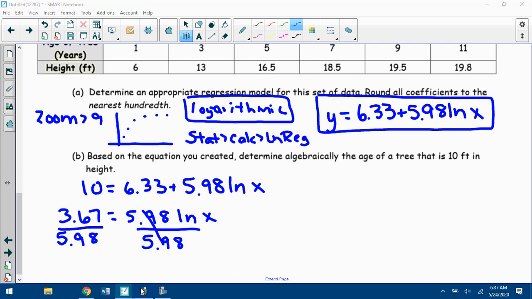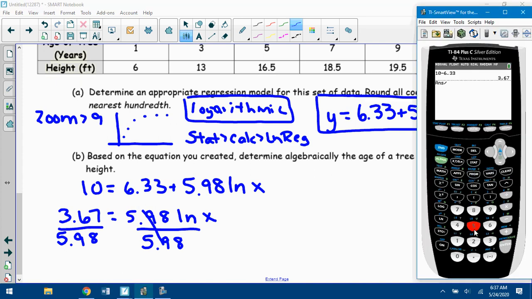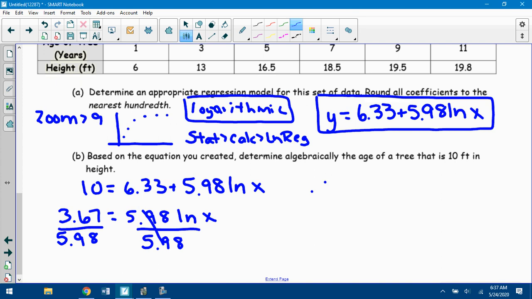They'll probably give us a big long decimal. So don't round until the end. That's important also. So 0.6137 and so on equals ln of x. And then this is back to review again. Do you remember what gets rid of ln?